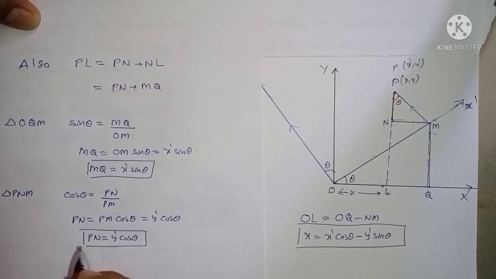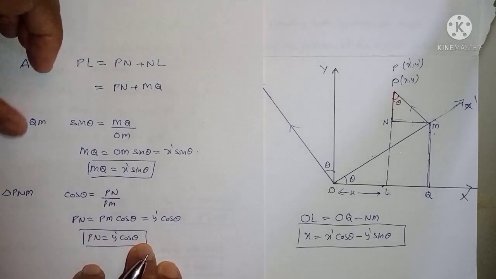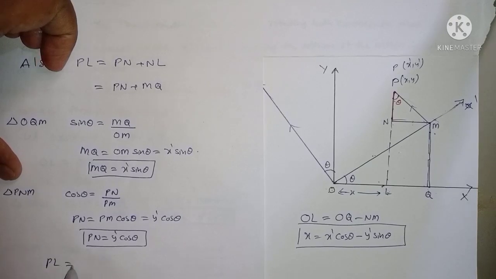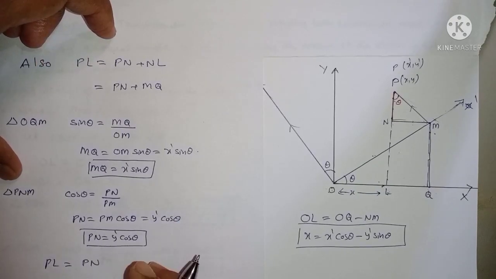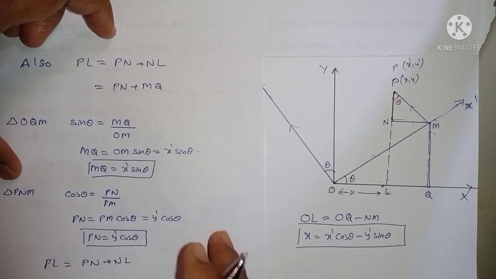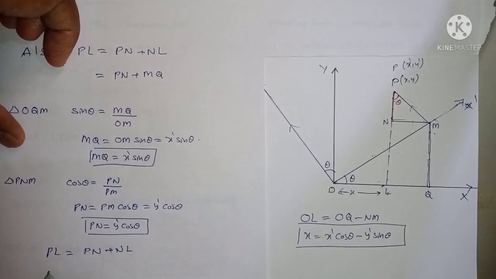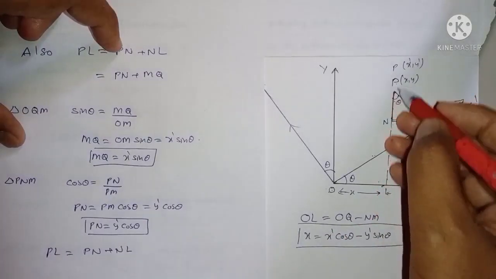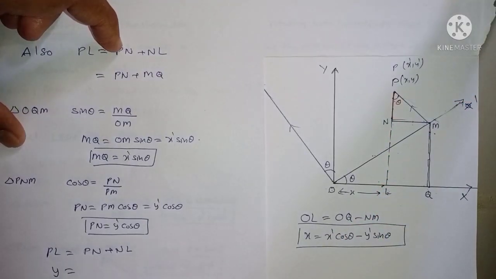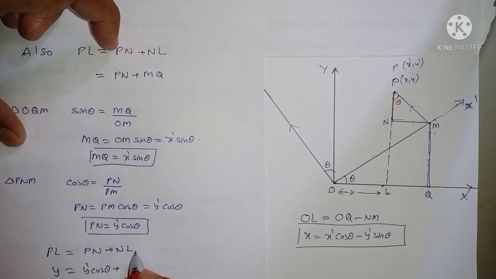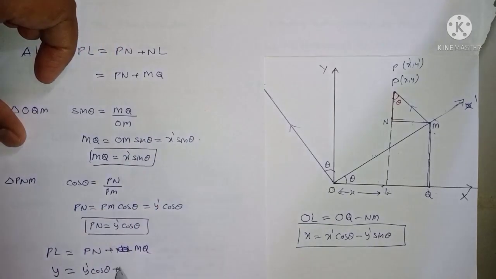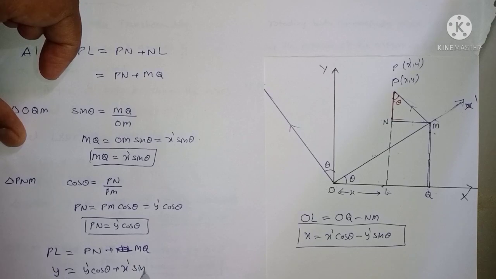These two values you can substitute in PL. PL is equal to PN plus NL. PL is the total y, so y is equal to PN, which is y dash cos theta, plus NL, which is nothing but MQ, and MQ is x dash sin theta.